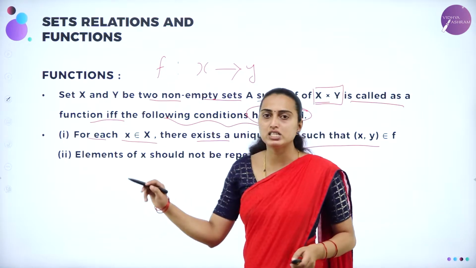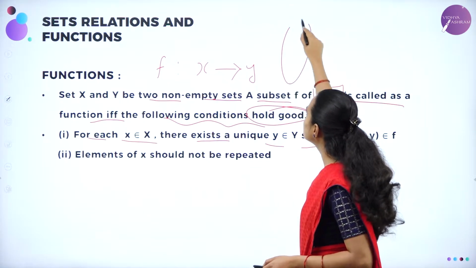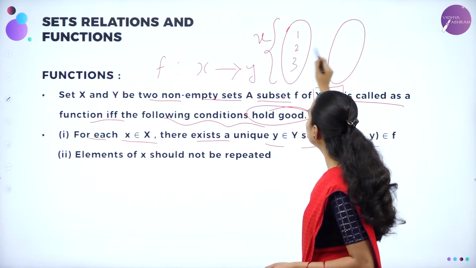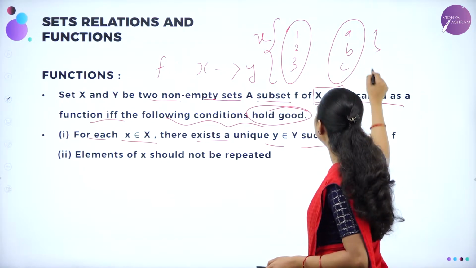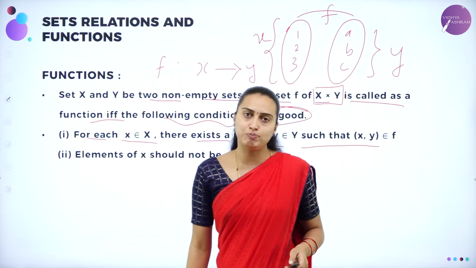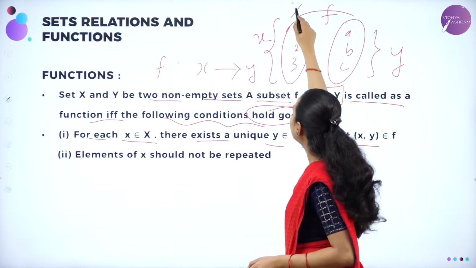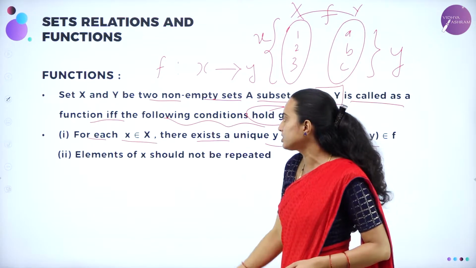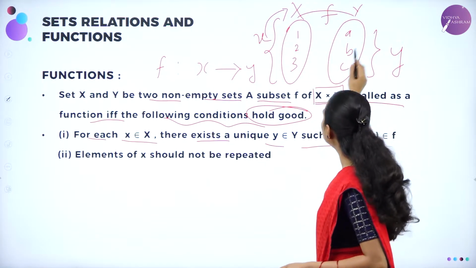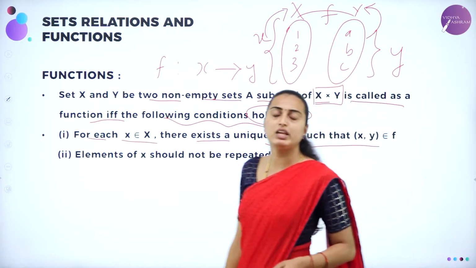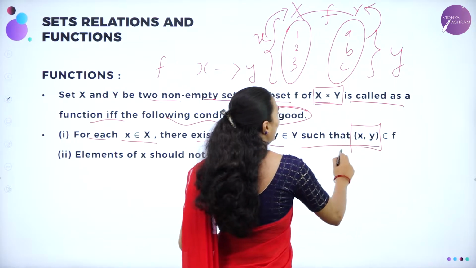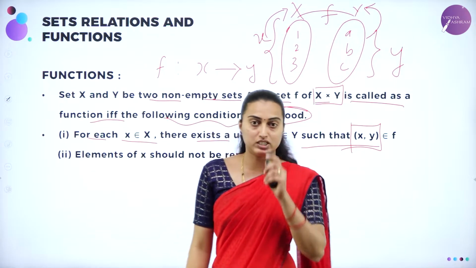See, for each x belongs to X, you have a function with X elements 1, 2, 3, and Y elements A, B, C, and the function I am going to have is f from X to Y. So this is X and this is Y. For each x belongs to X, there exists a unique y belongs to Y such that (x, y) belongs to the function f. That is the first condition.